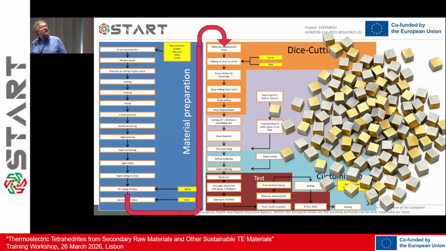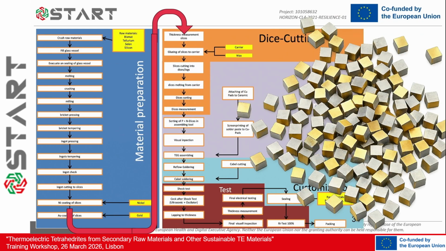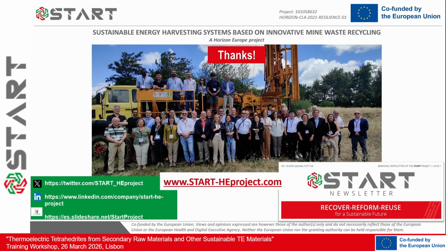So we just covered a bit of this part to almost get to talk about the pellets with the metallic coating, but there is still a lot. And every material has its own route throughout this production of thermoelectric devices. And it's finished.